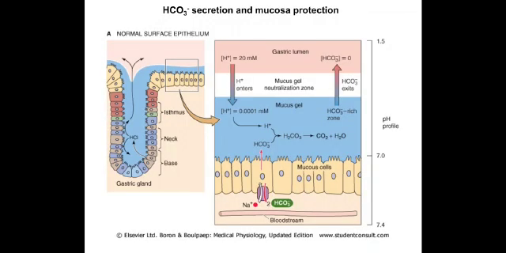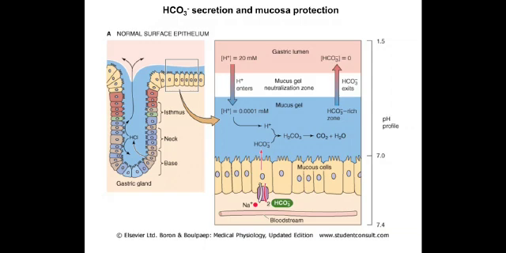There is also bicarbonate and mucosal protection. As you all know, HCl is secreted in the stomach, which can cause destruction or denudation of the mucosa, and there is a chance of ulcer.